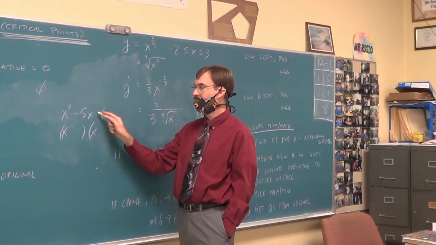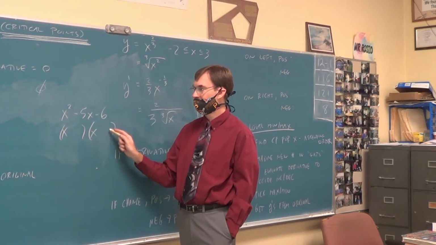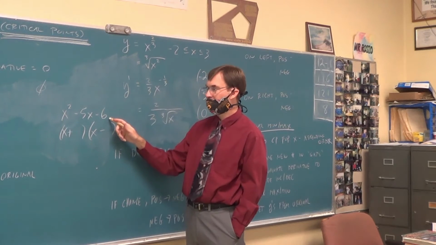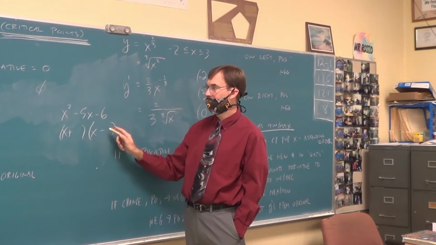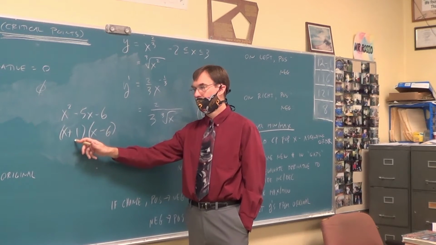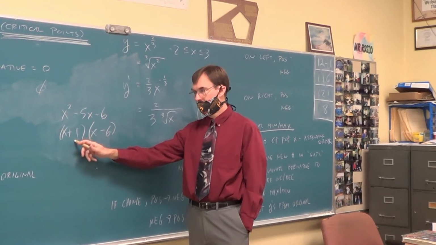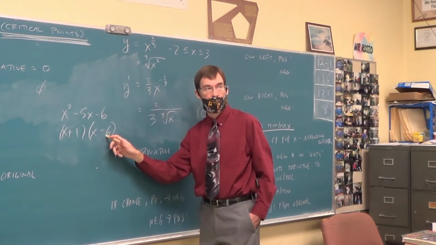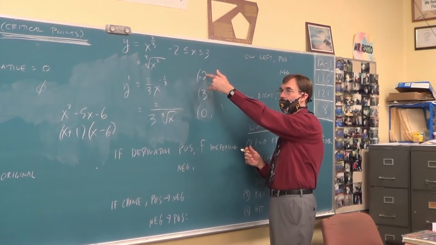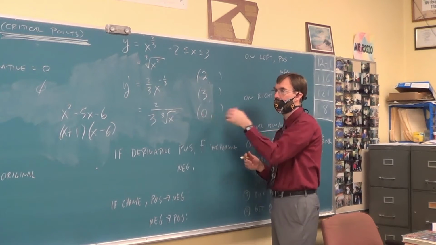If that were a plus, we'd get 3's and 2's. But since it's a minus and we're different, we'd have to subtract to the middle number. +1 minus 6. Yeah, +1 minus 6. And this would give us a -1. This would give us a +6. So in a question like that, we'd have 4 critical points. We'd have the 2 endpoints, and we'd have a couple other numbers.